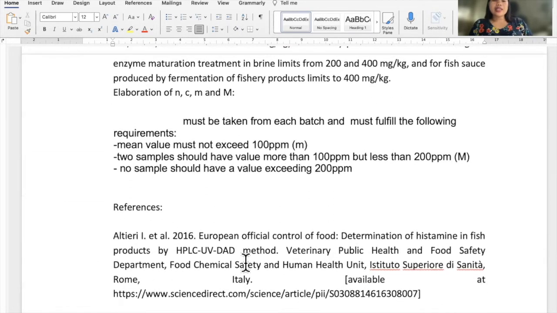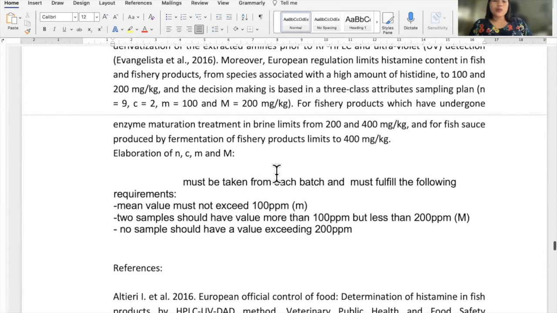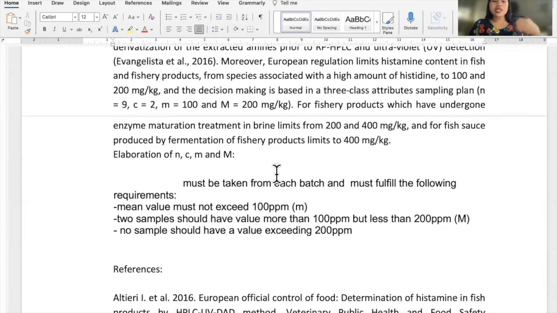So I added here a parang elaboration nun. So in a batch, 9 samples will be taken, and then the mean value must be below the 100 ppm limit, and no 2 samples should have a value more than 100 ppm.